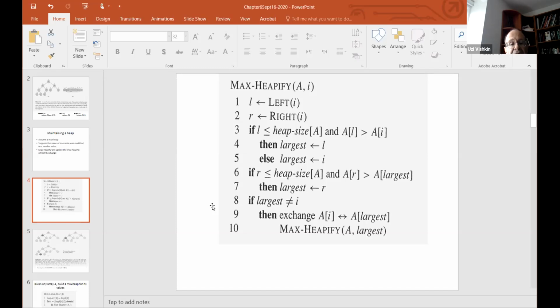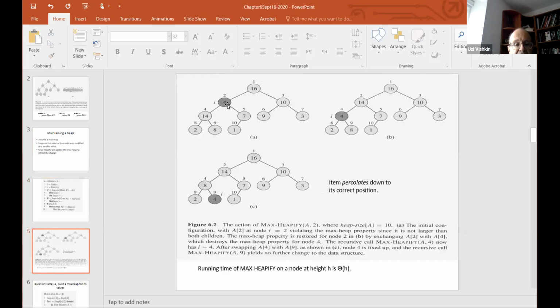And I hope that you remember that the one thing the book does, as a shortcut if you will, is using the notion of exchange A i and A largest. So it's the exchange that is happening here between this and this, for example.